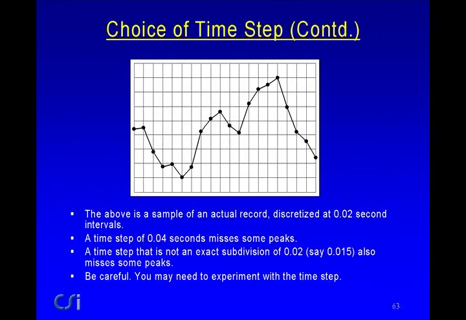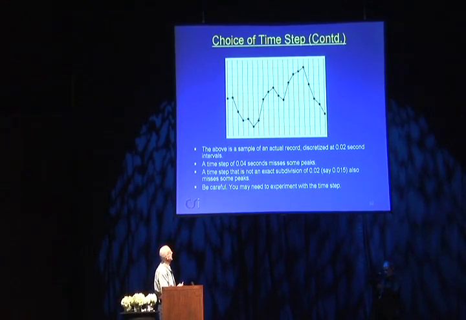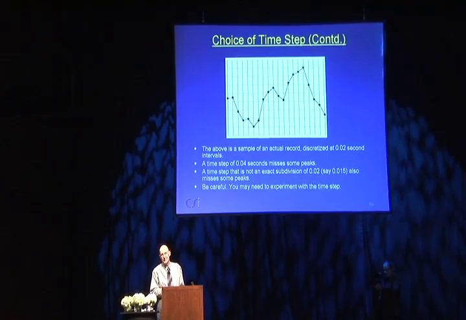This is just a segment of a ground accelerogram, just for a few 0.02 seconds intervals. It's an actual record. So if you were to choose a time step of 0.02 seconds for analysis, you would be using these points. But if you used 0.04 seconds, you'd be using this point, and this point, and this point, and this point. You'd be missing some peaks.